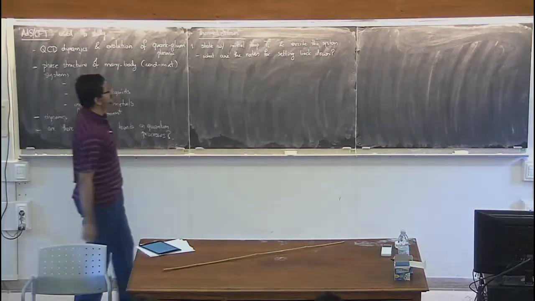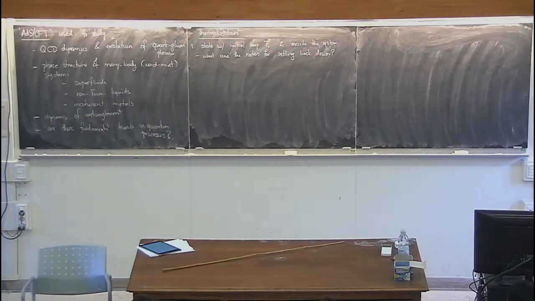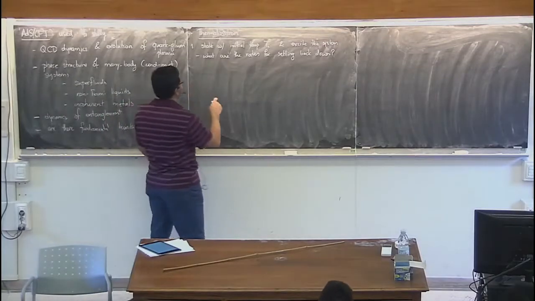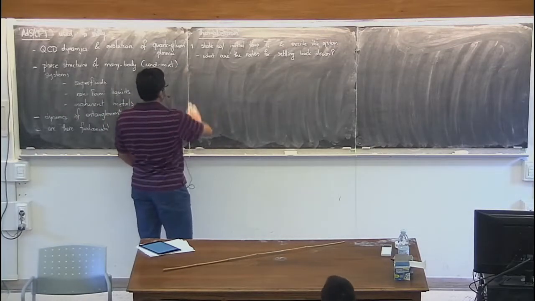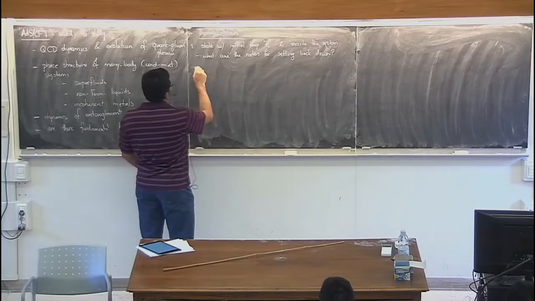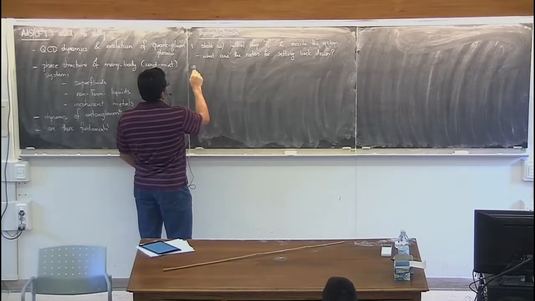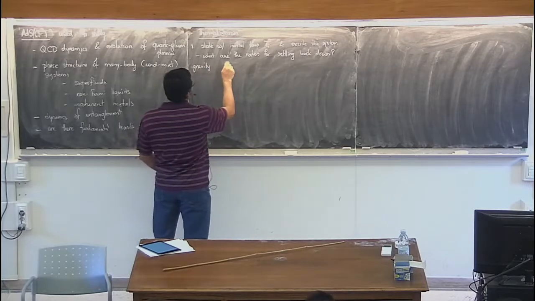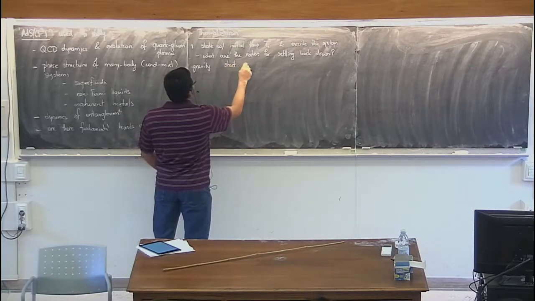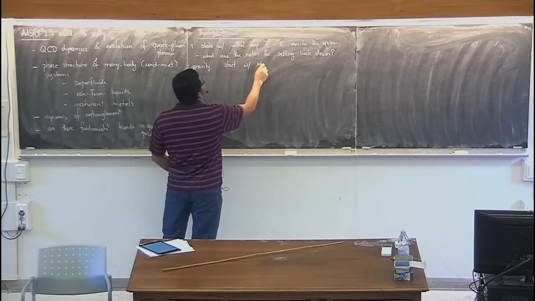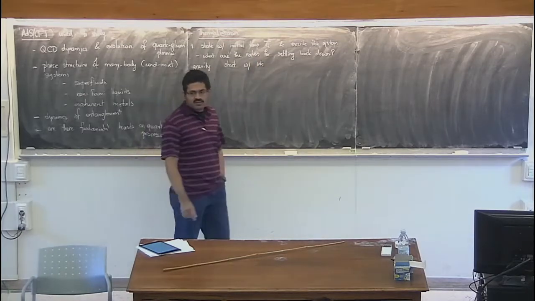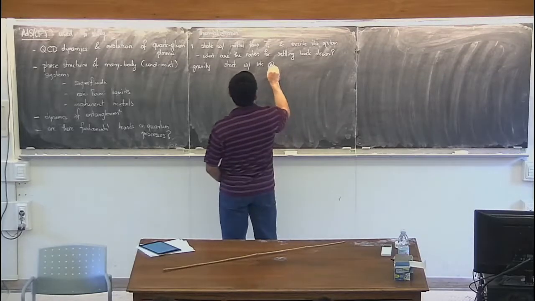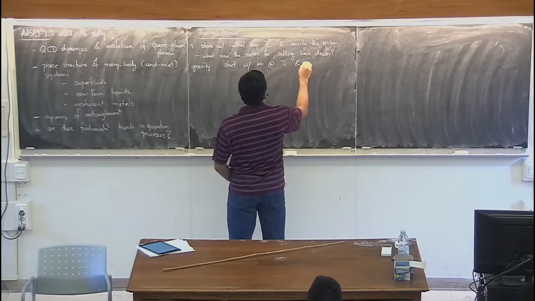So this question was answered way back when, in the previous millennium, in the late 90s, soon after ADS-CFT, because people realized that the right way to phrase this question as a gravitational problem is to start with a black hole, which corresponds to this thermal equilibrated state at temperature Ti, and excite it.